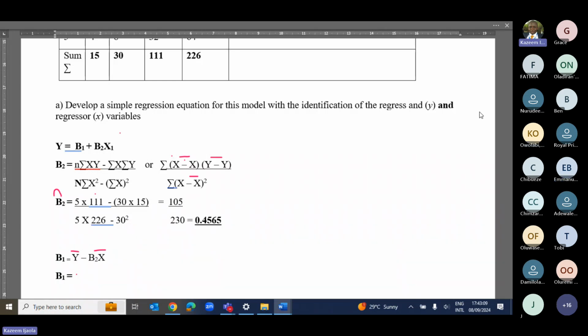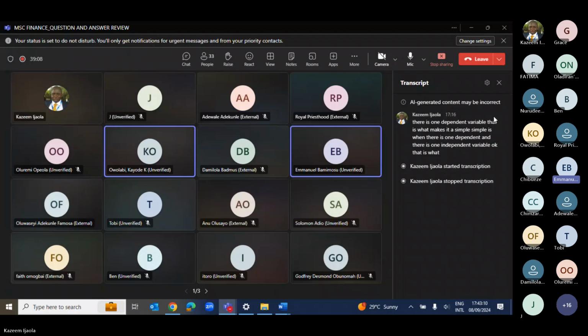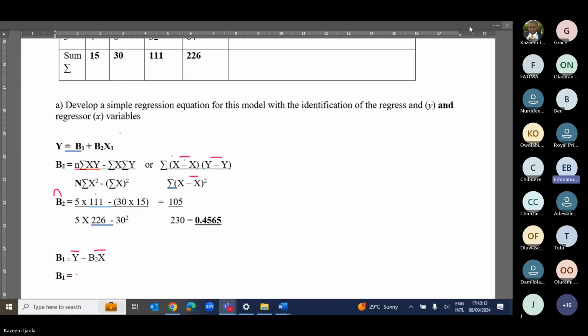Can I add something to it? Please go ahead. From my own perspective, the reason why we should put a cap on top of it is the difference between a population regression function and a sample regression function. When it's a sample regression function, you've already extracted your observations, what you are testing.